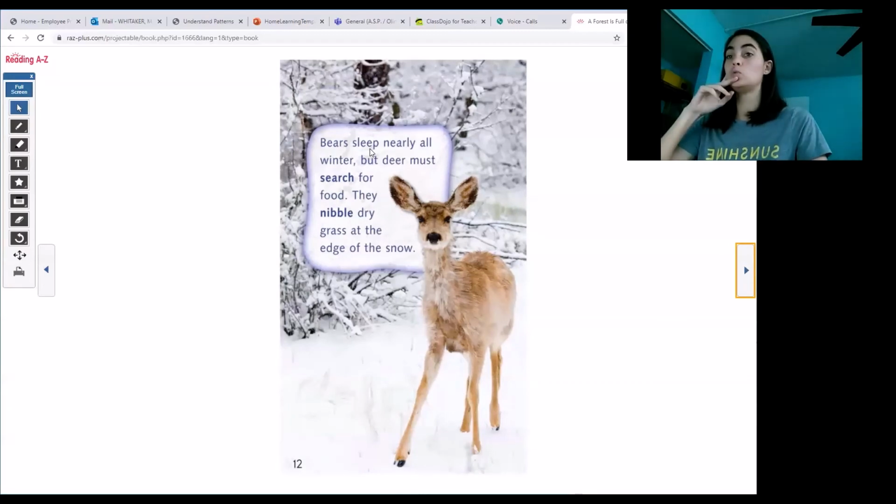That looks way too cold for me. So how do you think the winter is different than the fall in the forest? I want you to make a text box and tell me how you think the winter is different than the fall in the forest. Ooh, too cold for me.